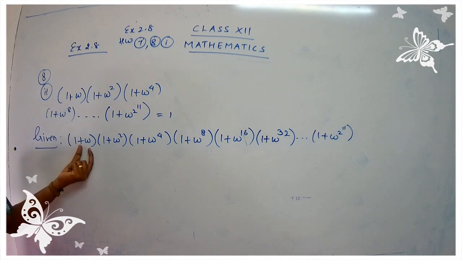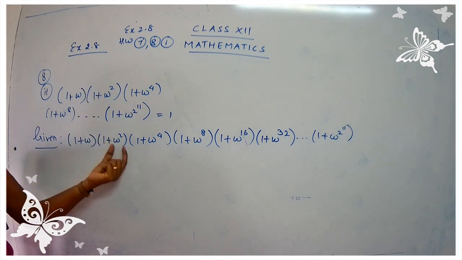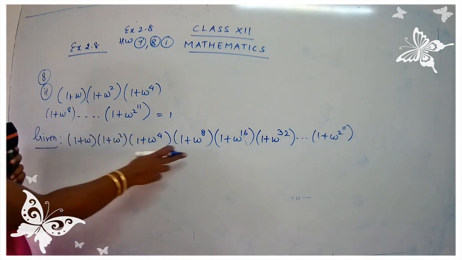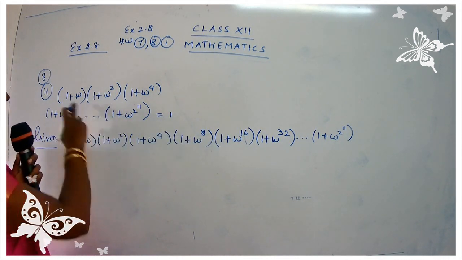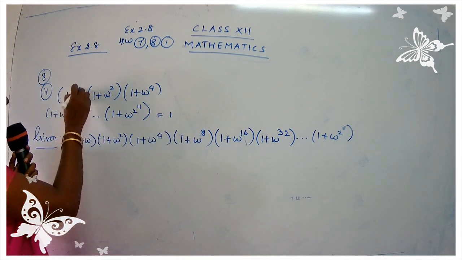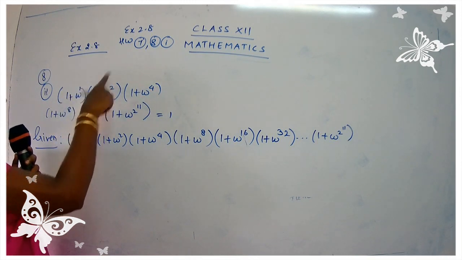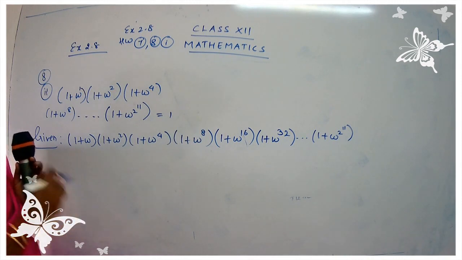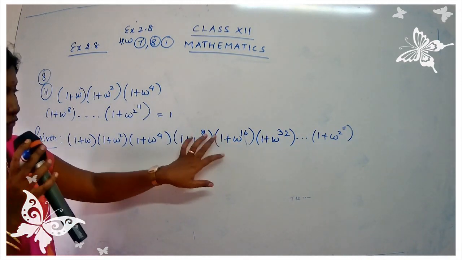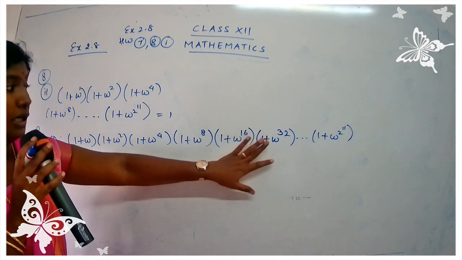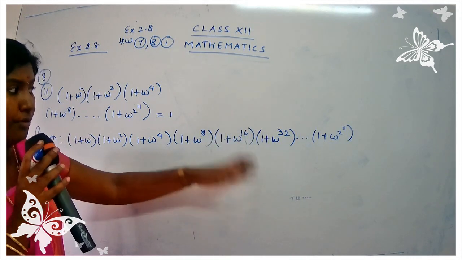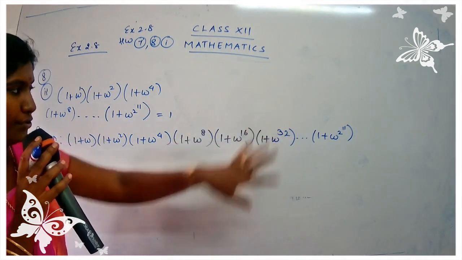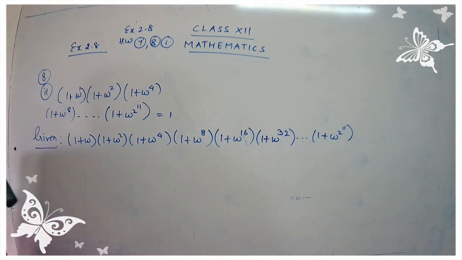1 plus omega is already present, 1 plus omega square, 1 plus omega raised to 4, 1 plus omega raised to 8 here. You can see that this is power 1. So double of 1 is 2, double of 2 is 4, double of 4 is 8, and it goes on. I have written double of 8 as 16, double of 16 as 32, and the last number is omega raised to 2 raised to 11. So this was the given part.